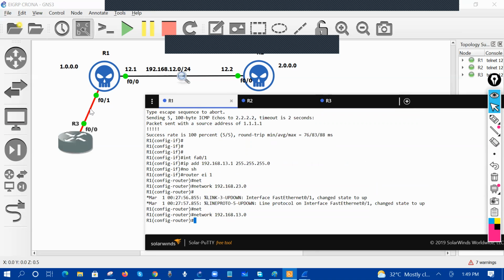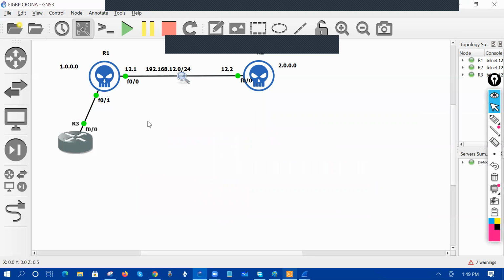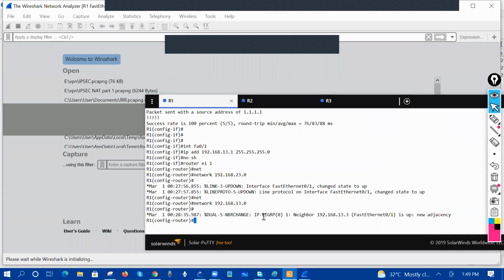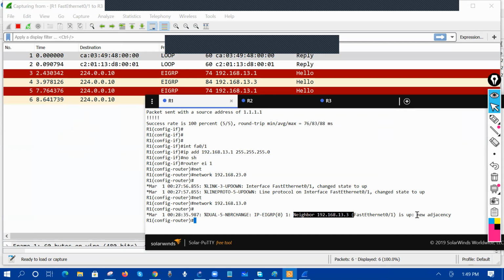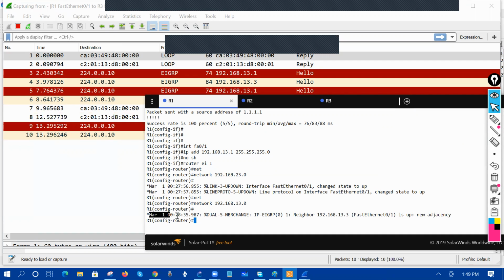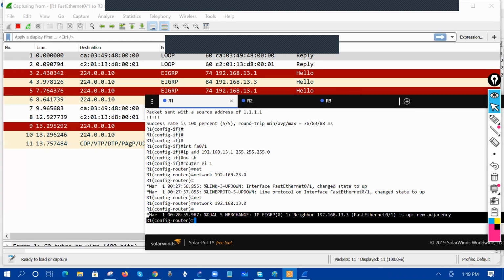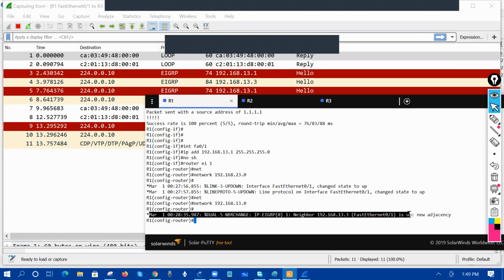So if you see this link, they form the EIGRP neighborship, and at the same time they form the neighborship and adjacency as well. Guys, these are very small things that you have to pay attention to. Just write this down, take a screenshot, and then you will see the behavior in OSPF.